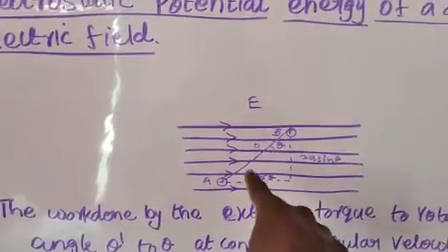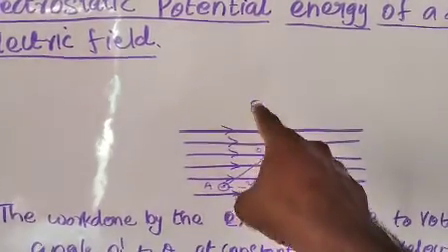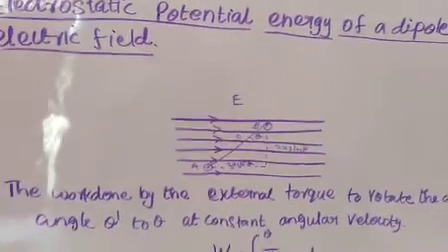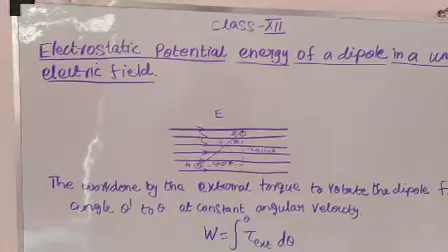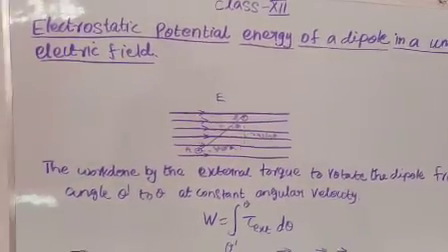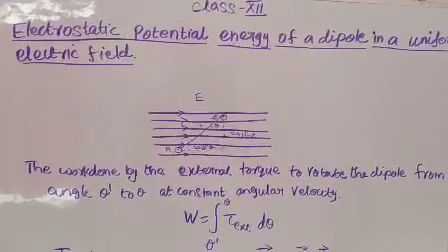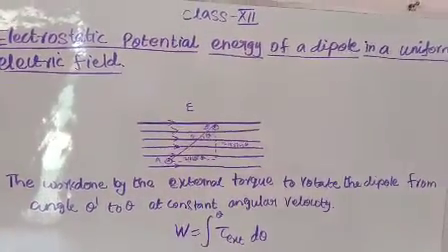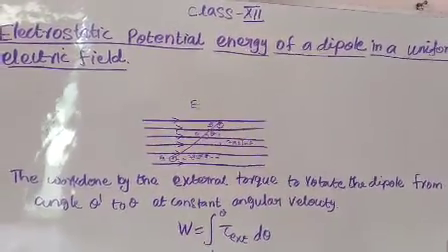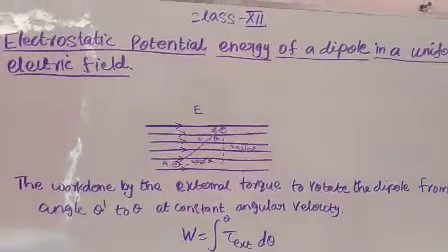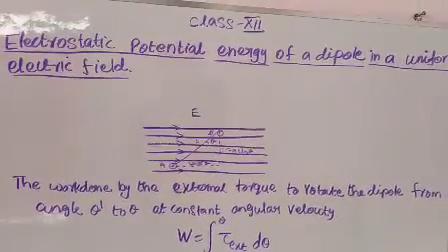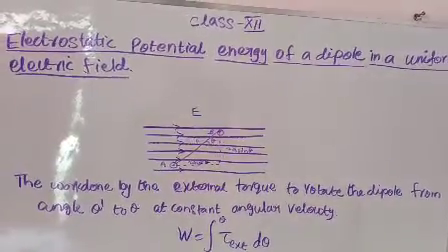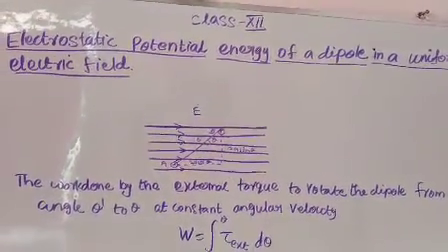This dipole is placed in a uniform electric field E. A dipole placed in a uniform electric field experiences a torque tau. This torque rotates the dipole to align it in the direction of the electric field E.